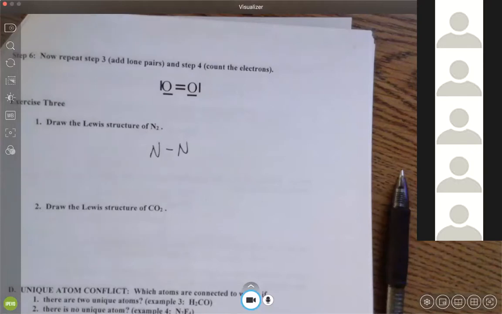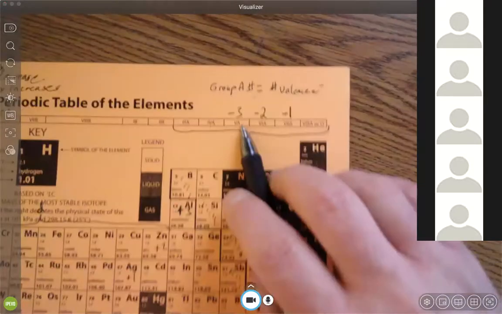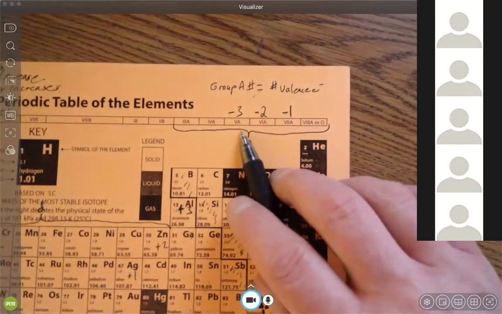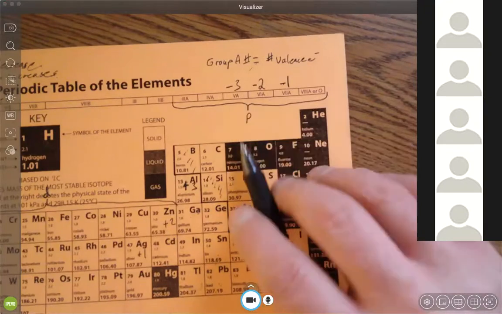N2, how many total electrons are available for N2? Ten, right? We go here, we find 5A for nitrogen, so it's a total of 10 electrons.